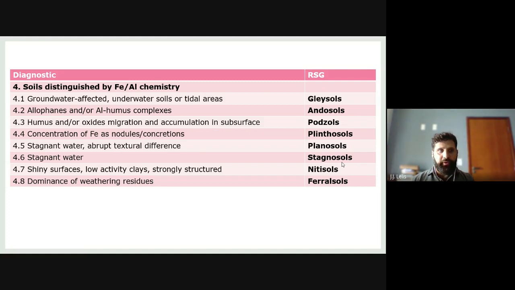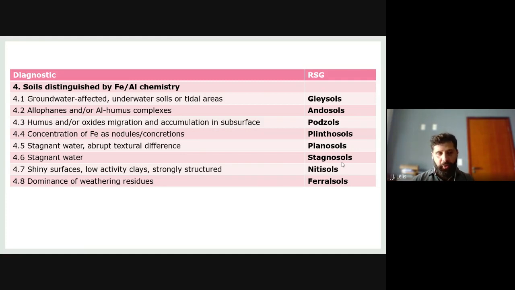So the nitisols are those soils that possess a high content of iron oxides, but at the same time we can see some shiny surfaces, and these shiny surfaces are related to migration of clay from the surface to the subsurface and create a specific feature that we only can see in soils that are formed from mafic parent materials.